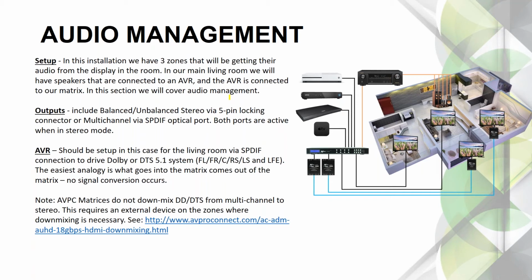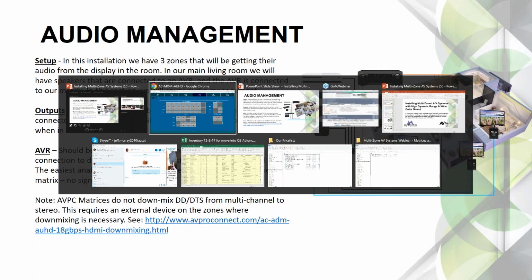But if you do need to downmix to 2-channel stereo from Dolby Digital or DTS, you can use our ADM-AUHD. It's a box that actually does a downmix for you, and it's fully Dolby compliant. Let's see if we can find that.